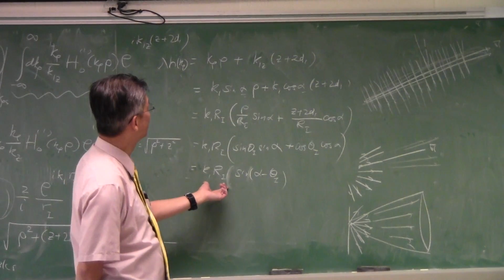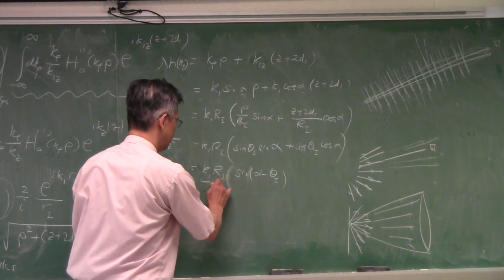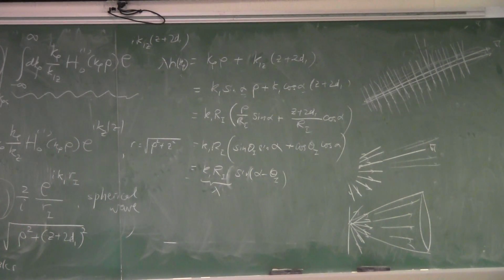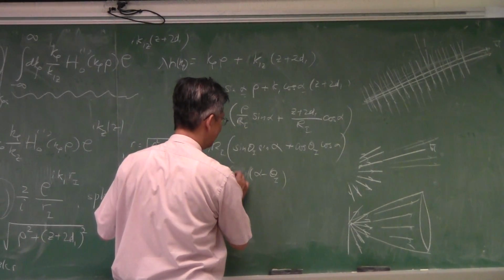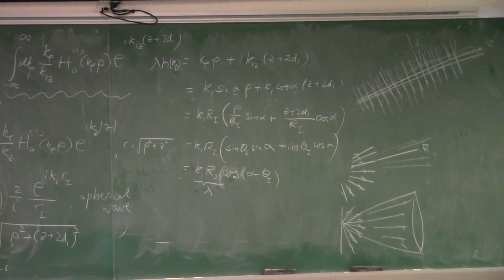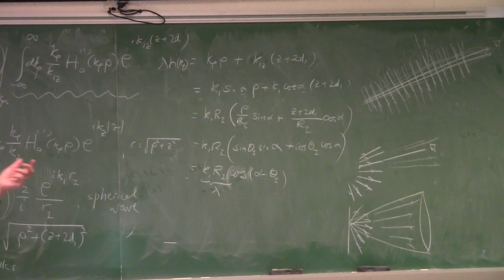How can I make this number large? How can I make lambda large? This is my lambda. There are two ways I can make lambda large. Shouldn't it be cosine alpha? The cosine. Should be cosine? Okay, maybe you're correct. Cosine. Okay. So there are two ways to make this thing large.